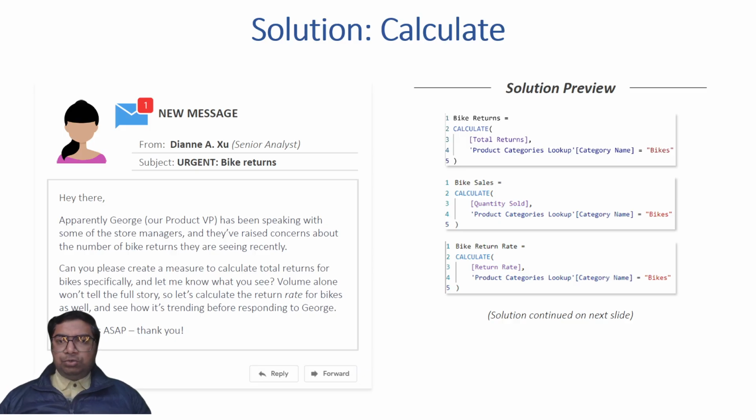Same here, total quantity, filtered to the bike using the calculate function, and bike return rate using the bike filter and return rate. So I have already created three measures, that was the return, quantity, and return rate. But this time I'm just filtering only the bike from here, right? So let's jump into Power BI and do the same.